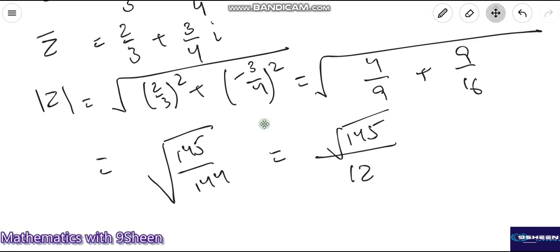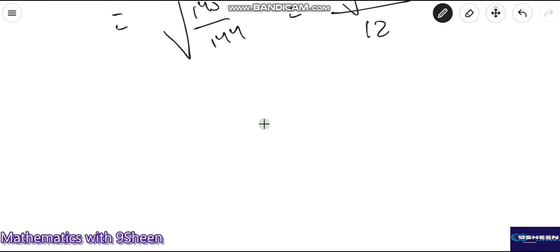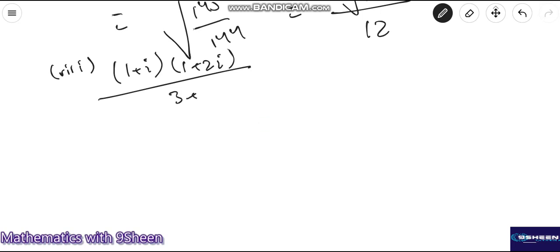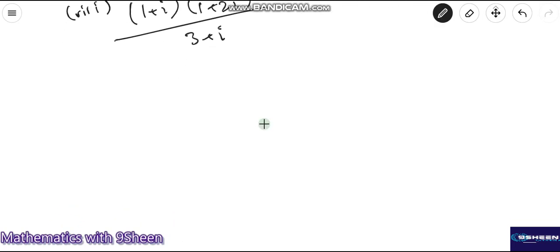Start at part. 1 plus iota, 1 plus 2 iota divided by 3 plus iota. First of all, आप न्यूमरेटर को सॉल्व करेंगे.